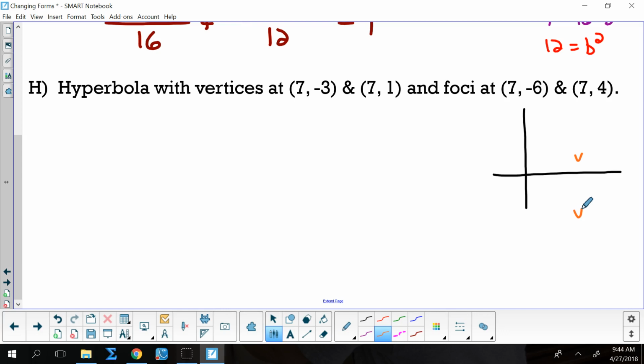Walk me through this one. So I got vertices there. What does that mean?